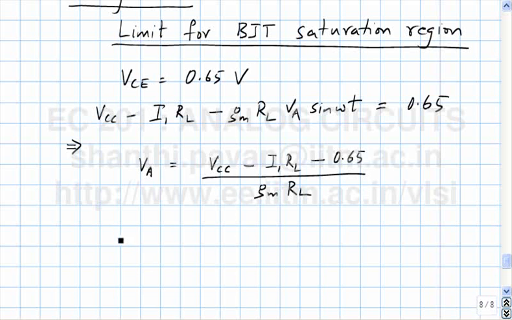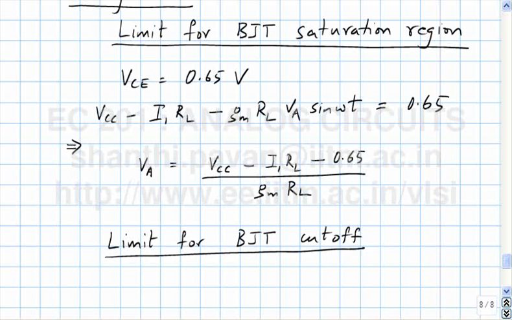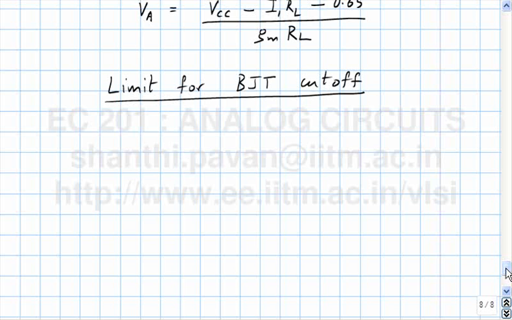What is the next thing? The limit for the transistor getting cut off, and what would that be? IC is 0. What is the total current through the transistor?